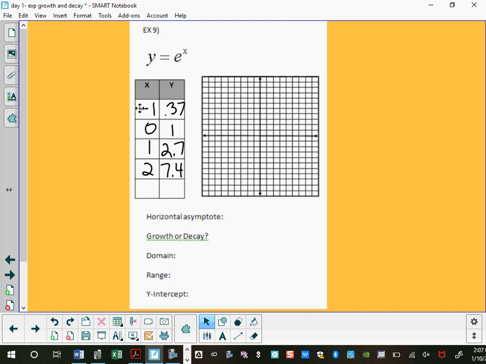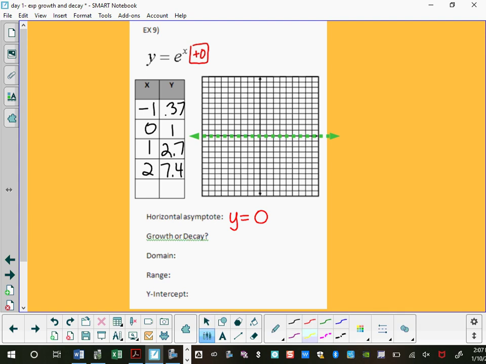So I'm looking for my asymptote. Do I have anything behind my exponent? No, so it's basically plus 0. So where is my asymptote? 0. Your last number is your asymptote. Just draw a dotted line. Make sure you're drawing your dotted line.